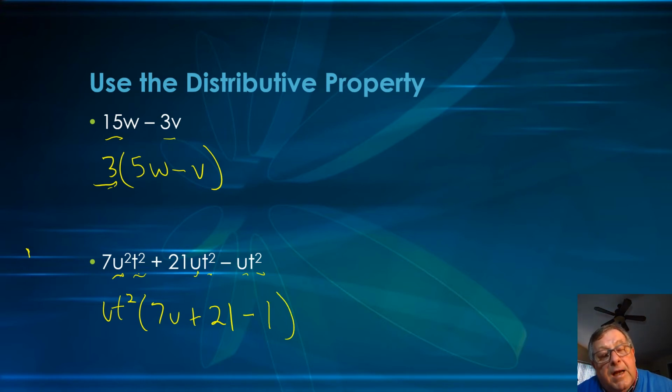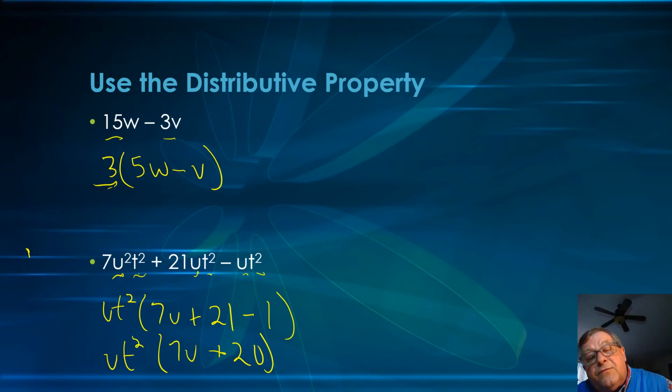Or if we consolidated that, it would be ut squared times 7u plus 20, combining like terms. I think actually in your book it doesn't have this final ut squared, it's just got ut. But hey, we factored out what we saw, and that's what we end up with.